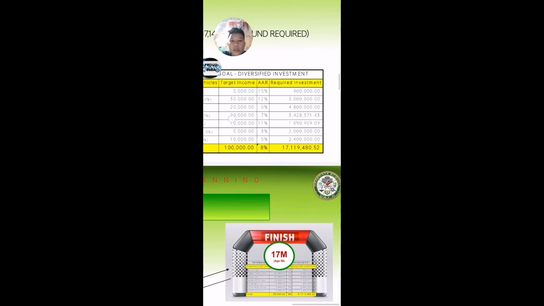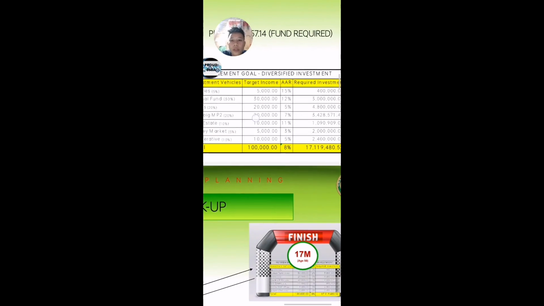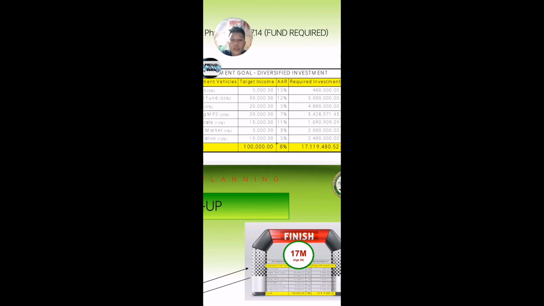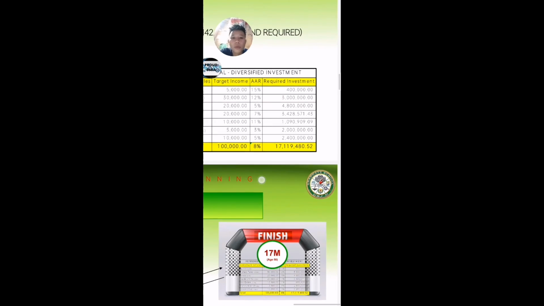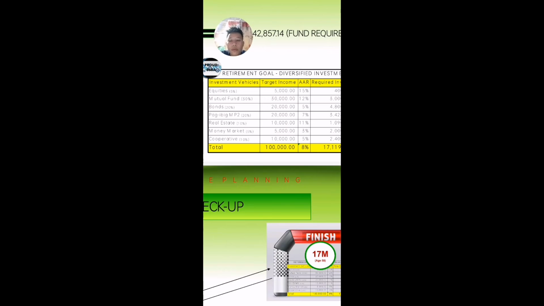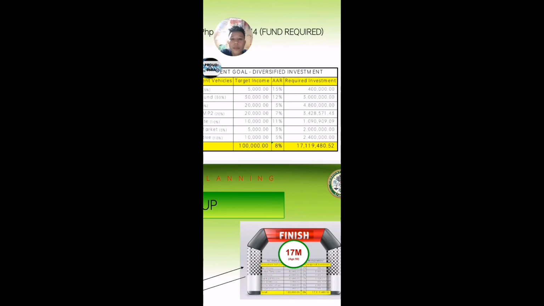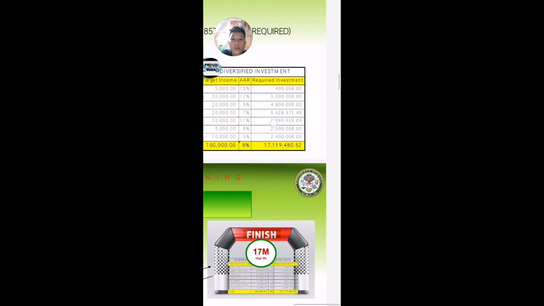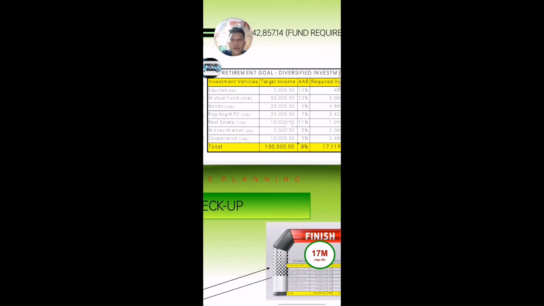To get the required investment for equities, we divide the 5,000 by 15%, then times 12, which equals 400,000. Then mutual fund, 30%. 100,000 divided by 30% is equal to 30,000. Then divide by 12% times 12, which equals 3 million, the required investment for the mutual fund.